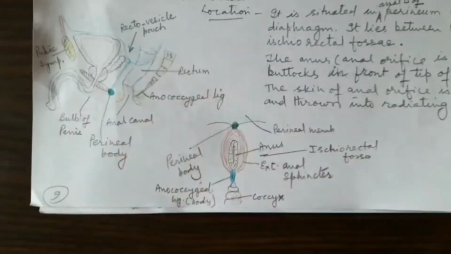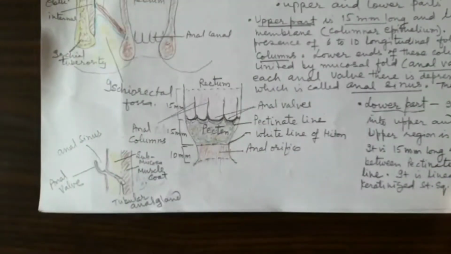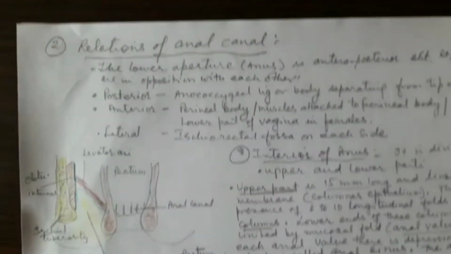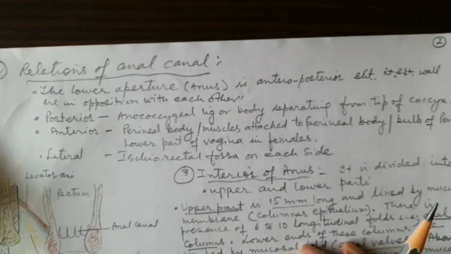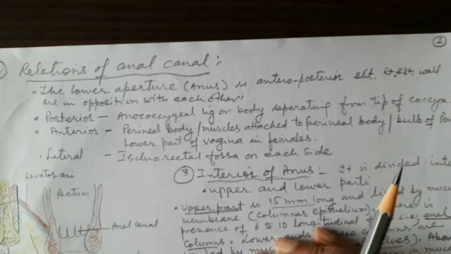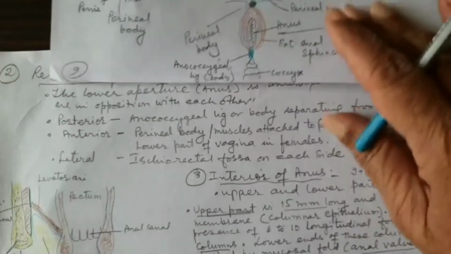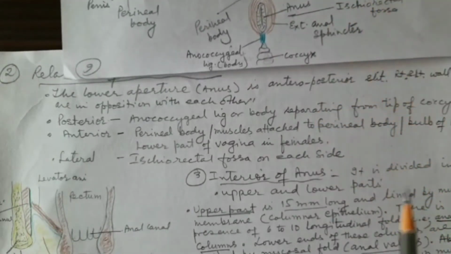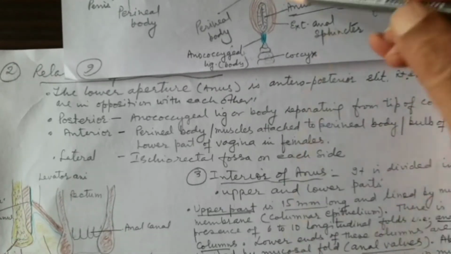Now this much I think is enough for the introduction, and let us move to the relations of the anal canal. Let us see what the relations are. The lower aperture, the anus, is an anteroposterior slit, as I have told you. See here, this is the anteroposterior slit of the anal opening, and the right and left walls are in opposition with each other.